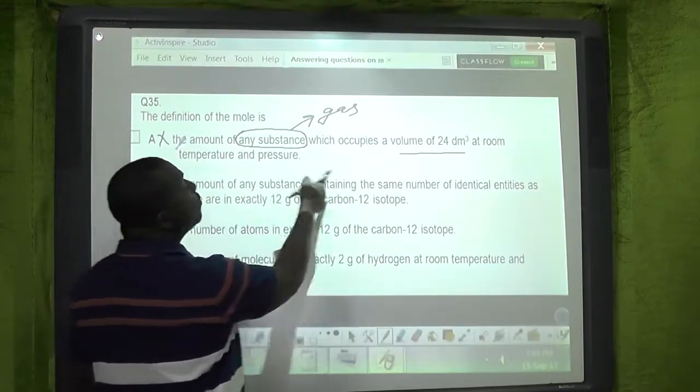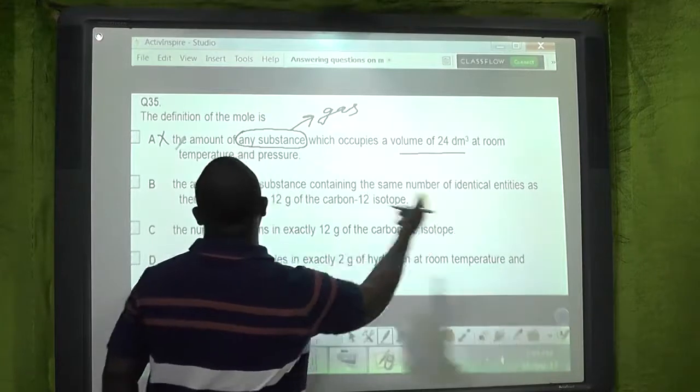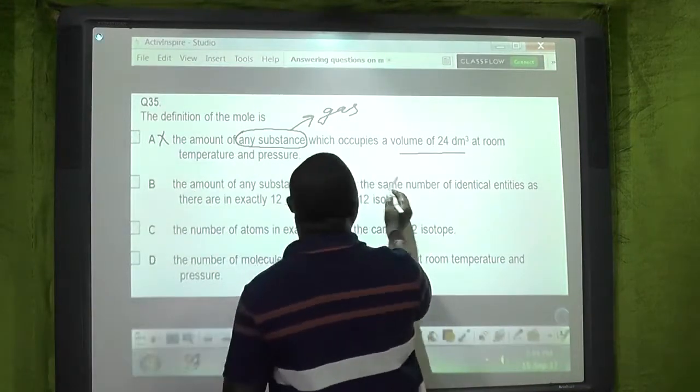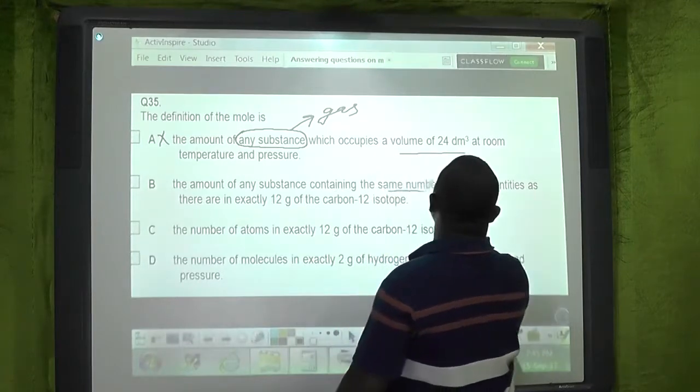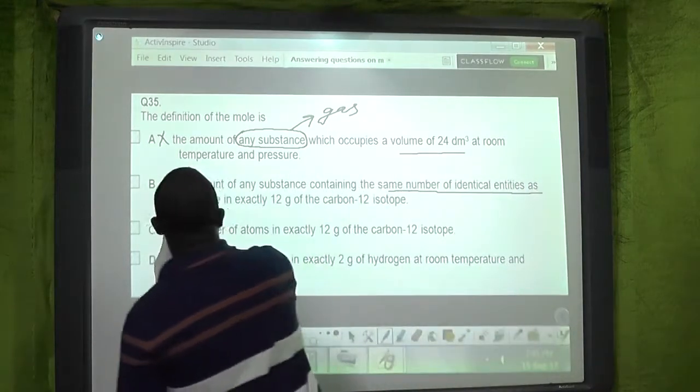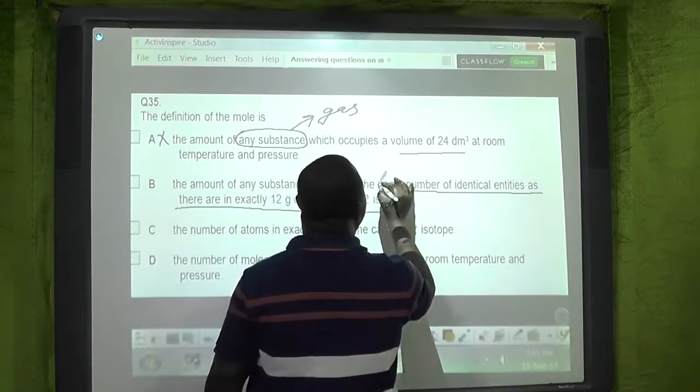The amount of any substance containing the same number of identical entities as the amount of the substance in this one is telling us the meaning of what?